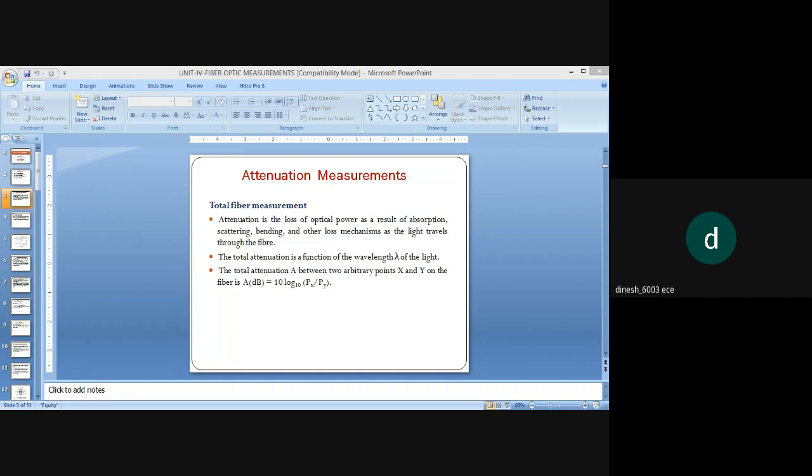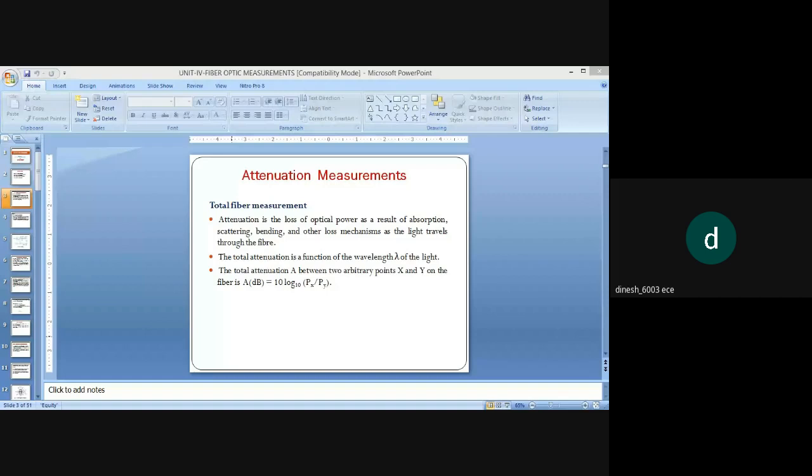So how do we measure the attenuation? Attenuation is a loss of optical power as a result of absorption, scattering, bending, core cladding losses, or many things as the light travels through the optical fiber. The total attenuation is a function of the wavelength of light, lambda.